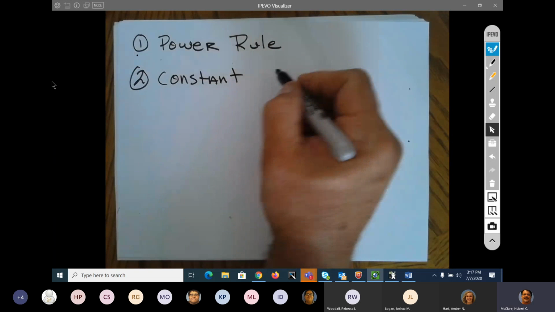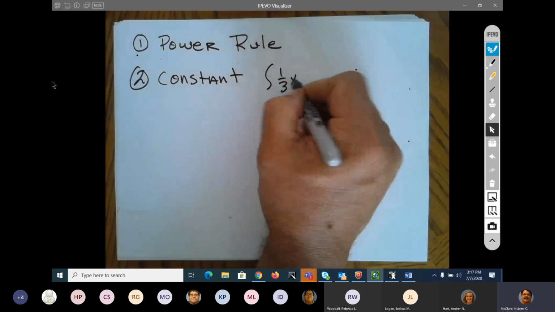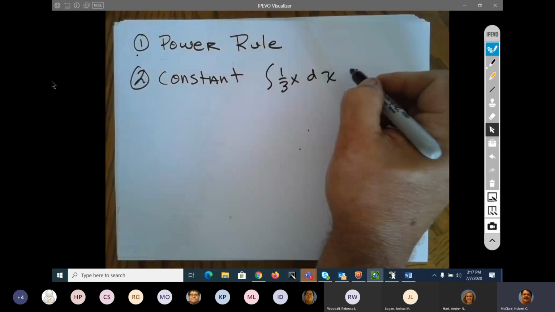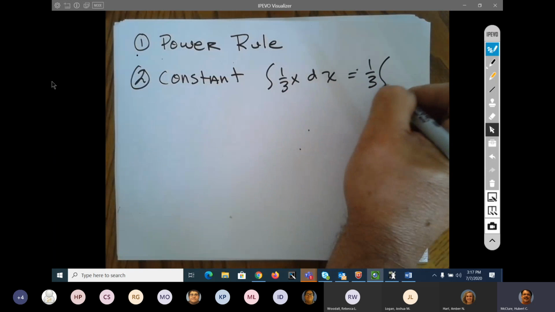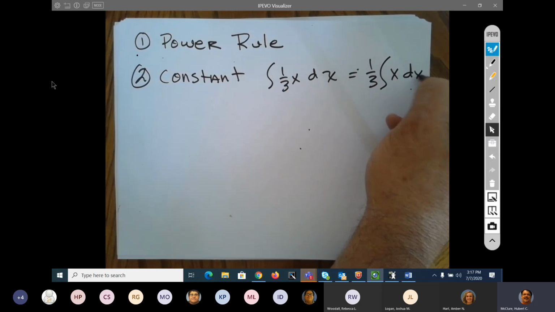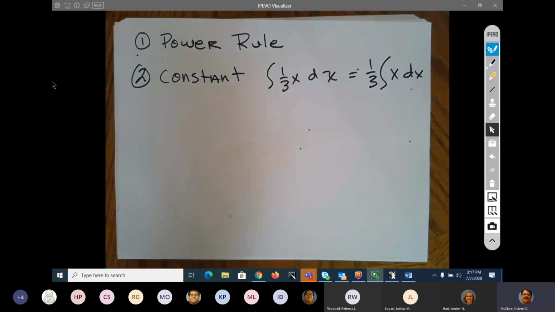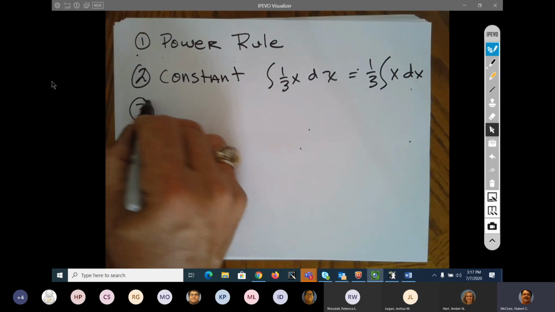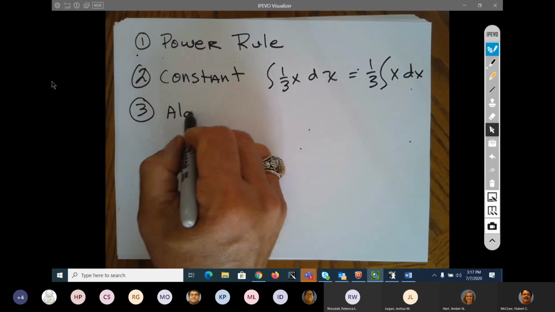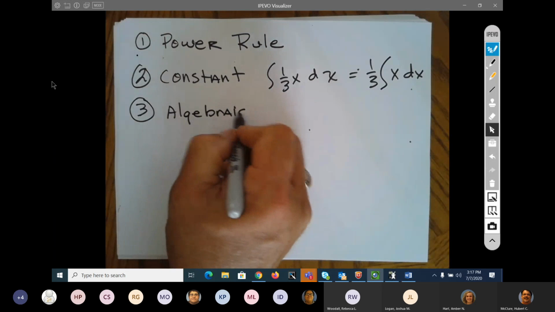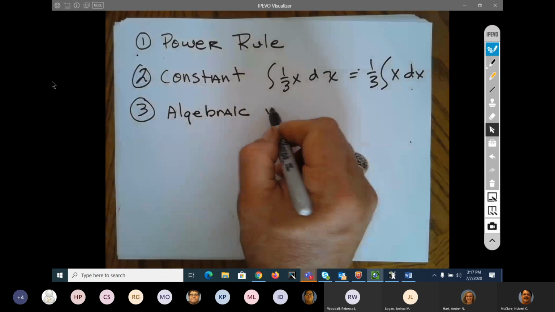So if there's 1/3 x dx, then you should be able to pull that constant out like that. 3, you should be able to do algebraic versus calculus.